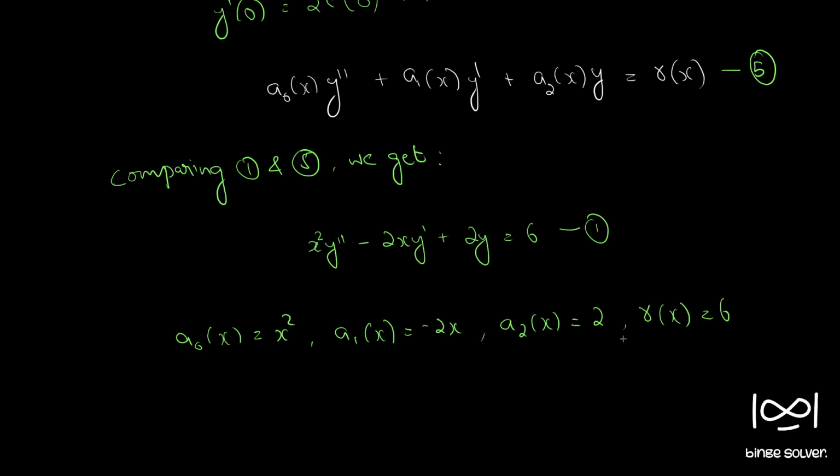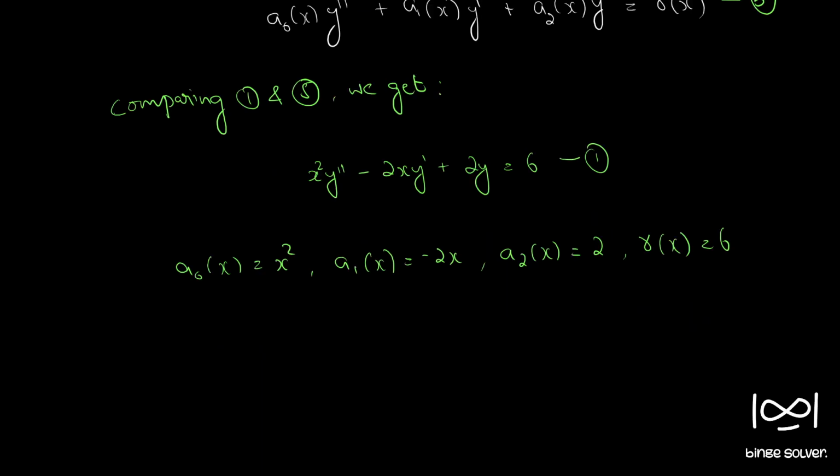These are continuous functions which are defined on minus infinity to infinity. But we can see that when we plug in the x value as 0, a0(0) is equal to 0, and 0 is an element in minus infinity to infinity.